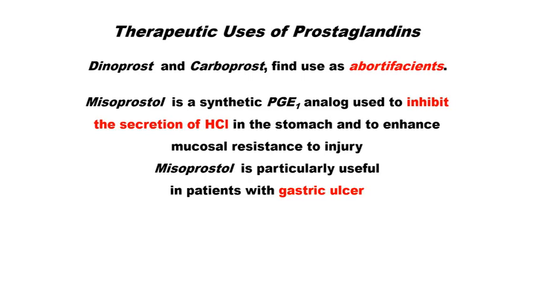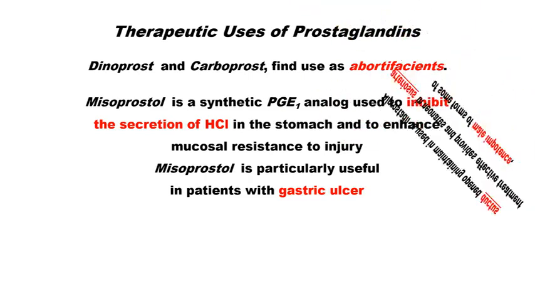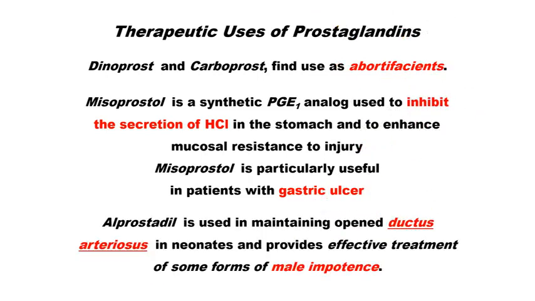That's why it is used in patients with gastric ulcer. Another medicinal use of prostaglandins is to maintain an open ductus arteriosus, like alprostadil in neonates, and it treats male impotence.